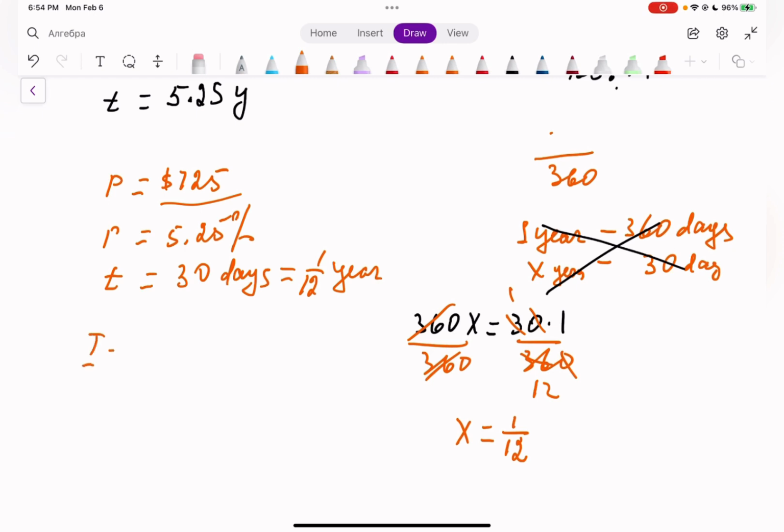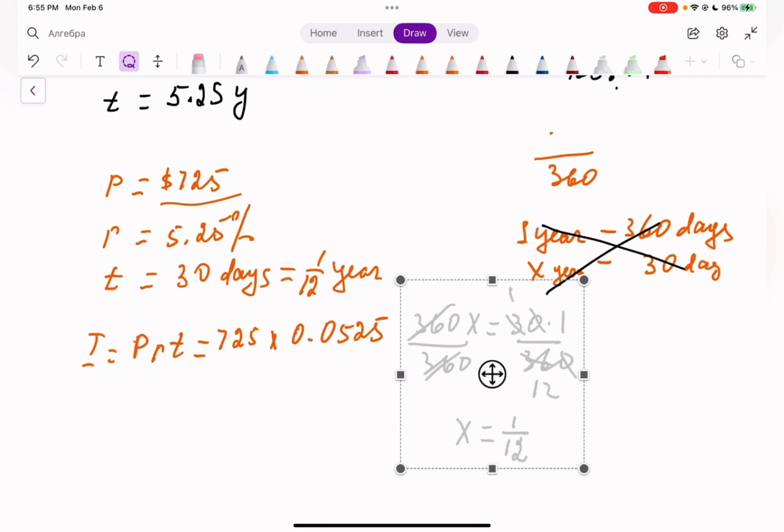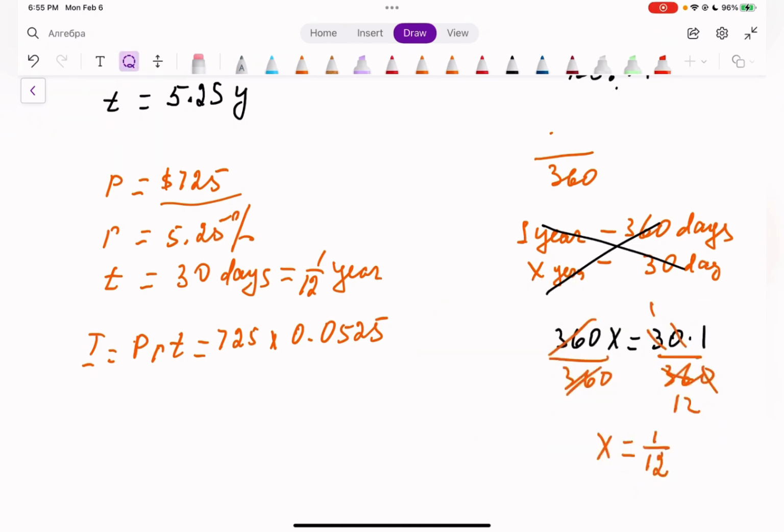So I is equal to PRT, and we have 725 times 5.25%, which is 0.0525. And then times the year, 1 over 12 portion of the year.